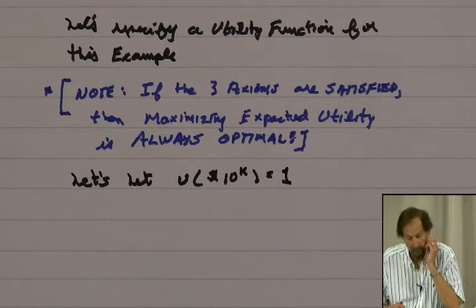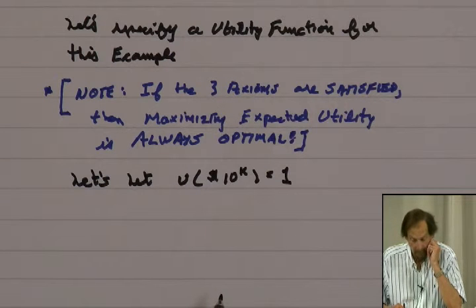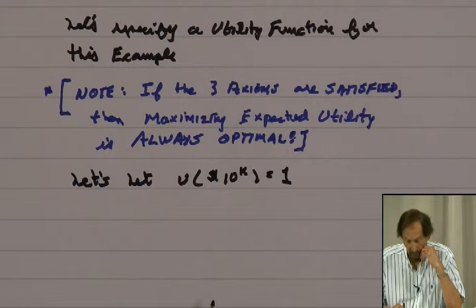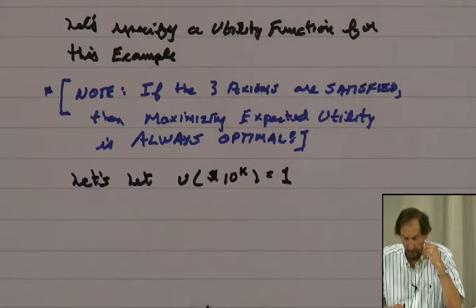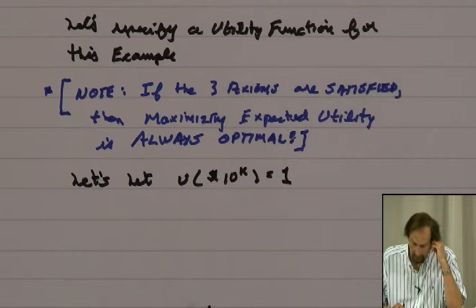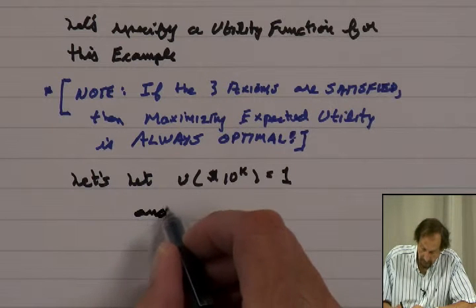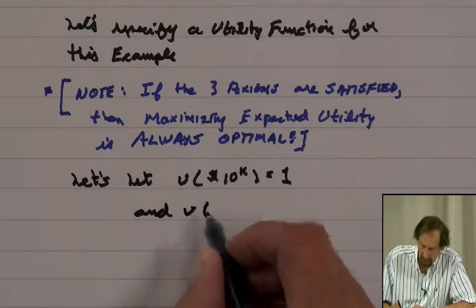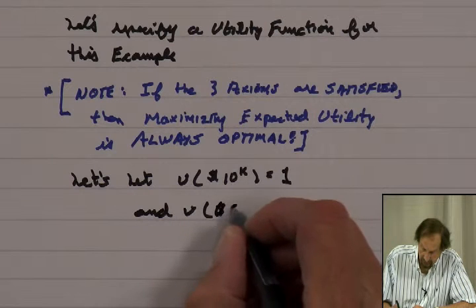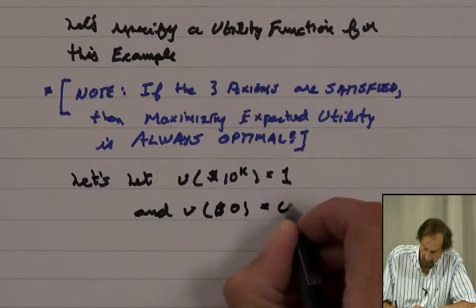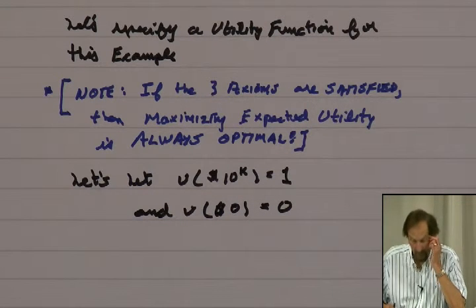Arbitrarily, we'll just let it equal 1. Utilities are totally arbitrary. We could have let it equal 100 if we like, or we could let it equal pi. And the utility of $0 equals 0.